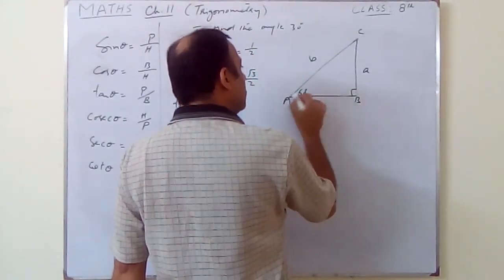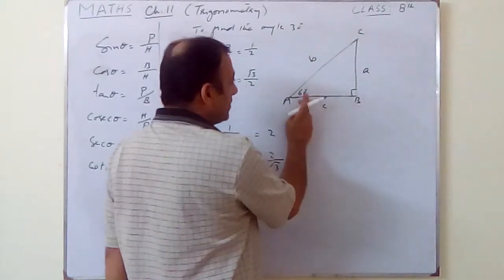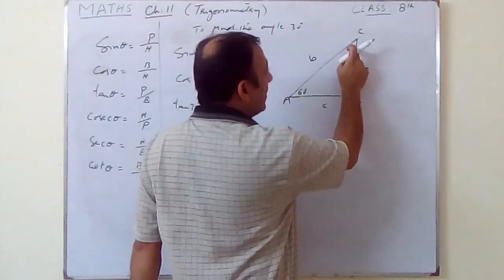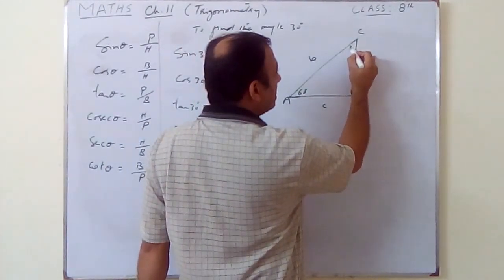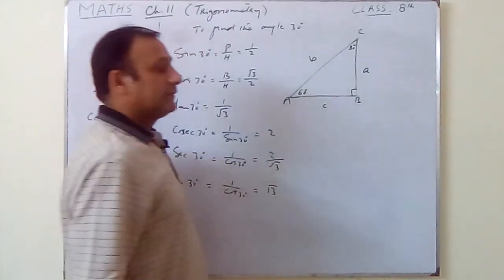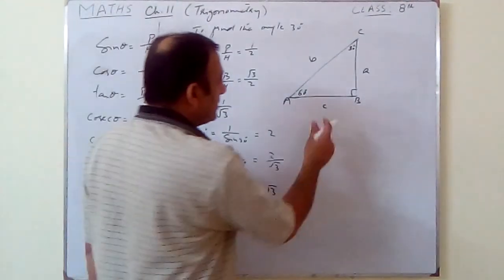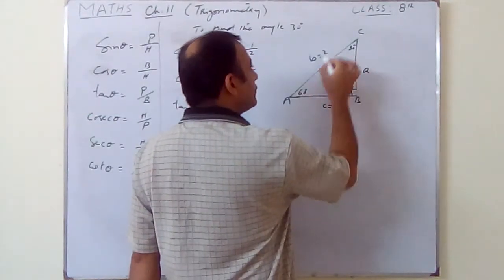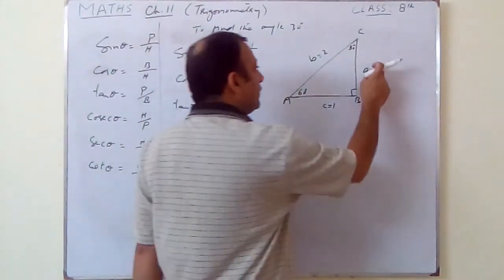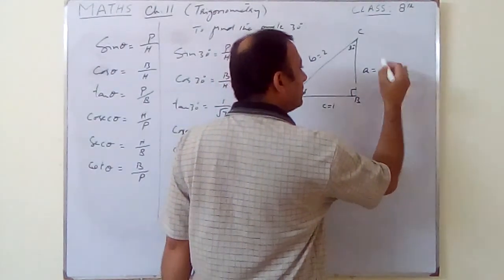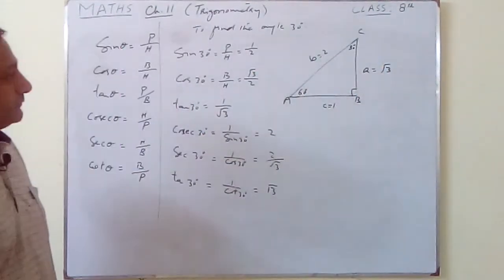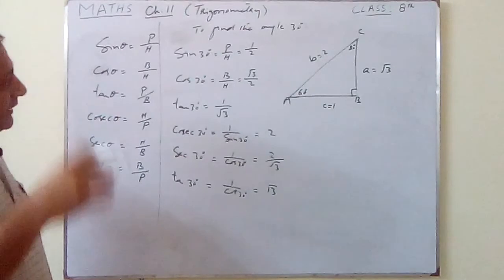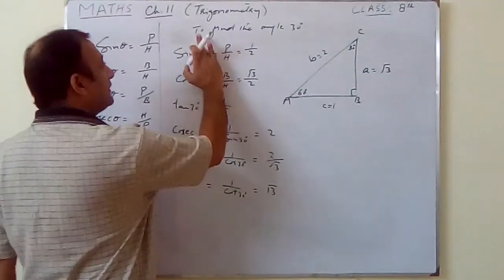For 60, if this is 90, this value is 60, so what is this value? This value is 30. It means this is 1 and here it is 2, and this value becomes square root of 3. So we find the same values as for 30.